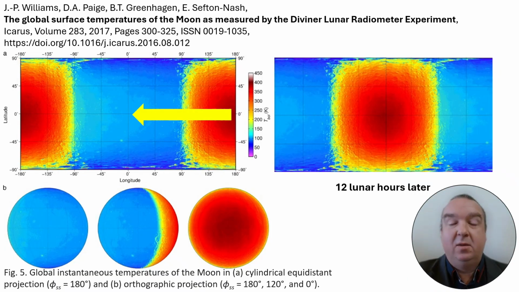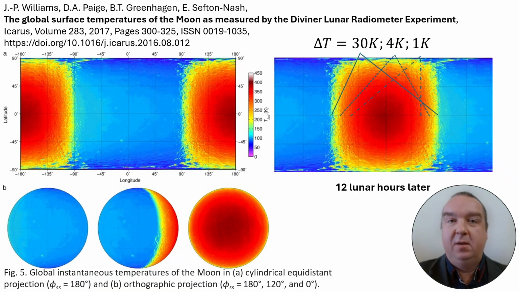12 hours later, the subsolar point will have moved along the equator, and we can read in this article that in the morning and in the afternoon side, there's very little temperature difference.